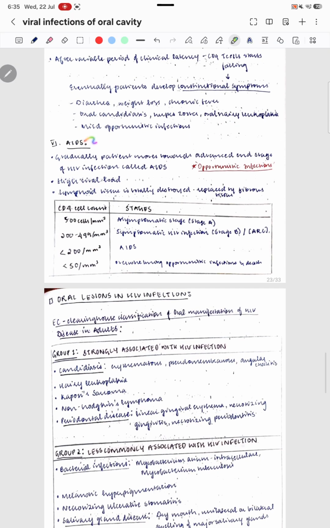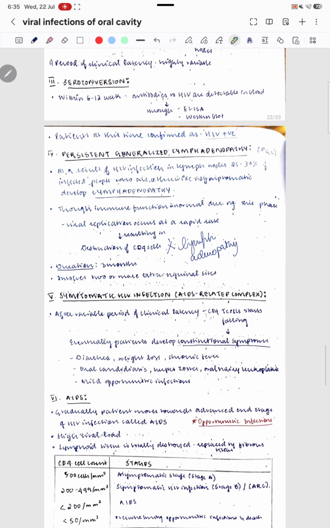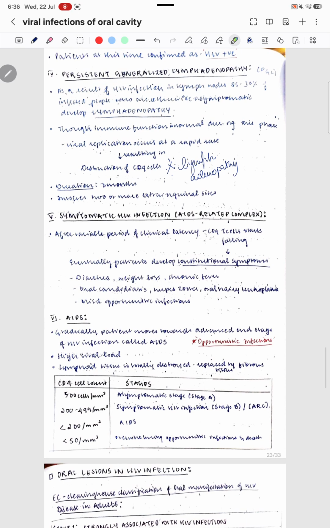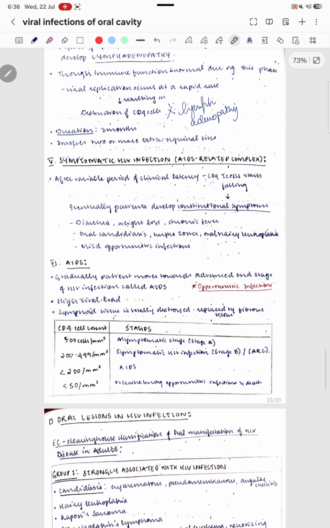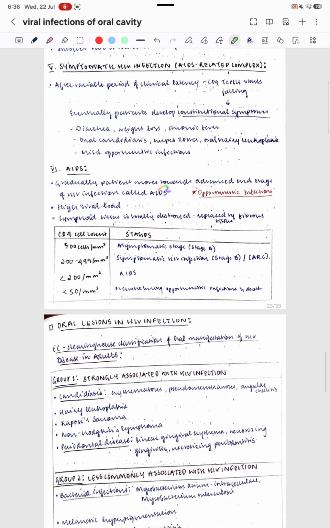Now coming to AIDS. This was something that we dealt with yesterday. A long-run symptom which is seen in symptomatic patients, usually after a secondary response, is your diarrhea, weight loss, chronic fever, and all the opportunistic infections. Now coming to AIDS, gradually the patient moves towards the advanced stage.